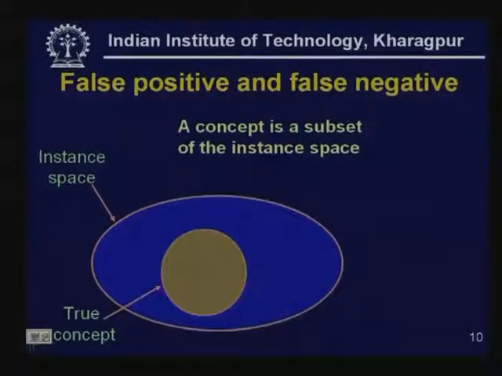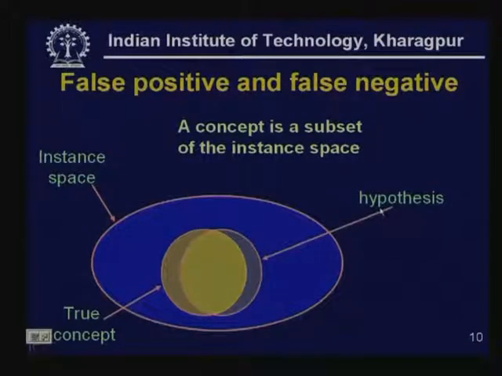The other instances do not belong to the concept class. So, the concept can be represented as a set which is a subset of the instance space, and our objective is to learn this concept. Now, we find a hypothesis, and this hypothesis in general may not be exactly the same as the concept.